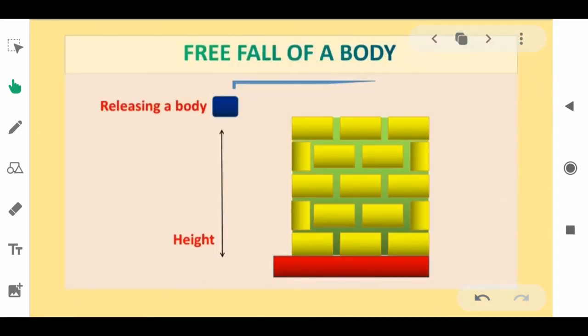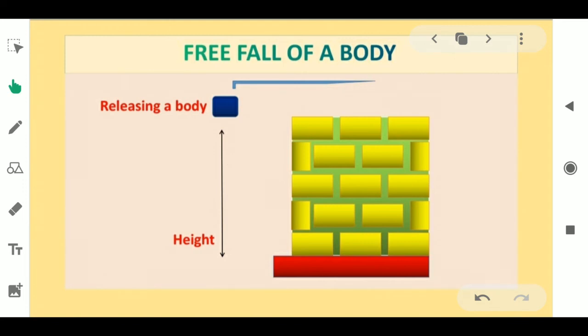Next, free fall of a body. Free fall of a body means the falling of a body or an object from a height towards the earth under the gravitational force of earth with no other forces acting on it. And it is what we call free fall of a body.